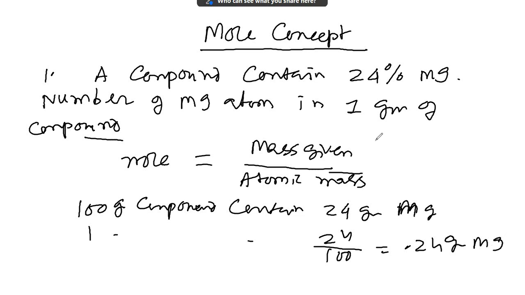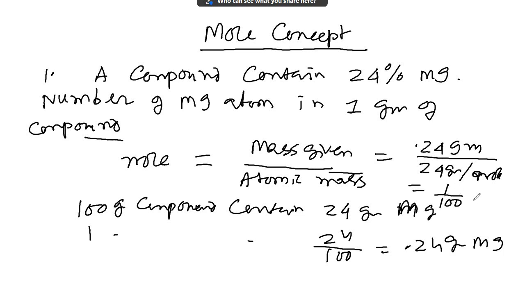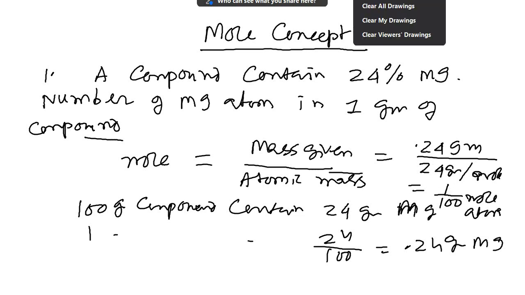So first we have to find out mole atom. Mole atom will be 0.24 gram by 24 gram per atom, so it will be 1 by 100, that is 0.01 mole atom. Mole atom multiplied by Avogadro number gives you the number of atoms.